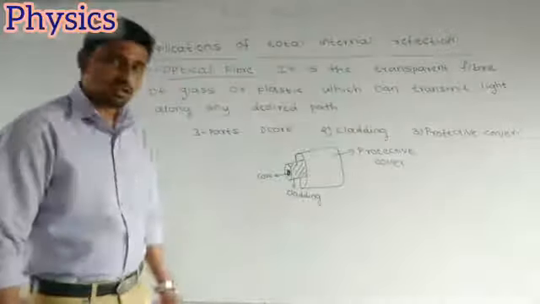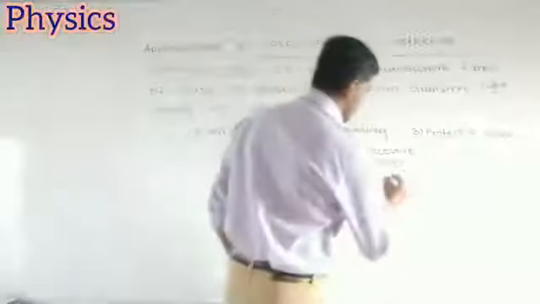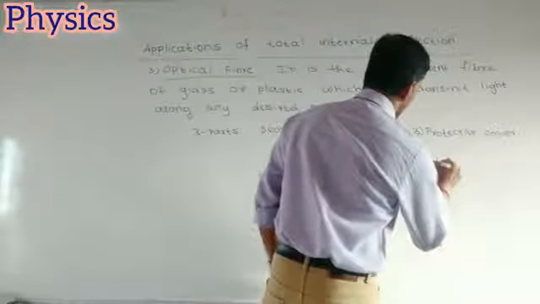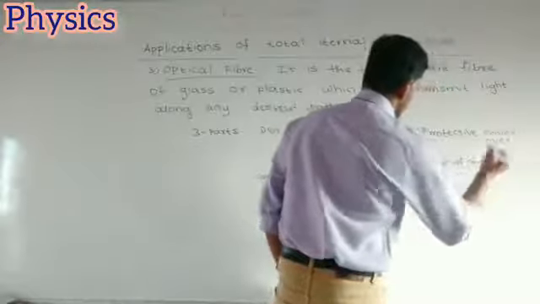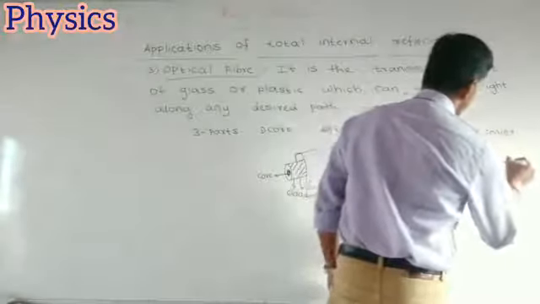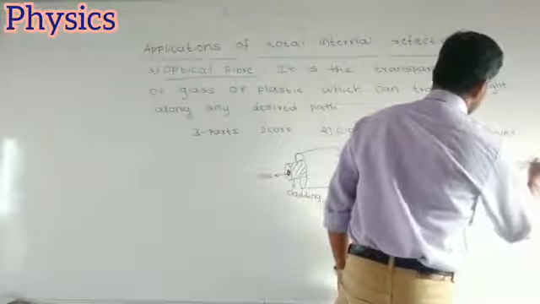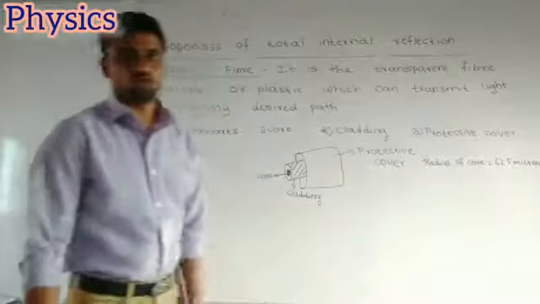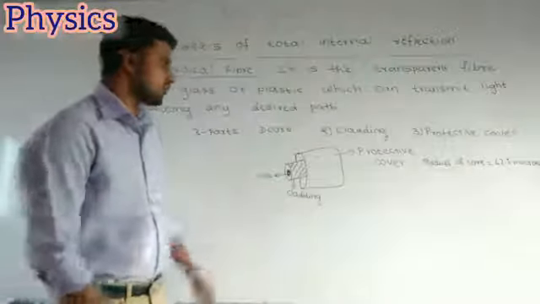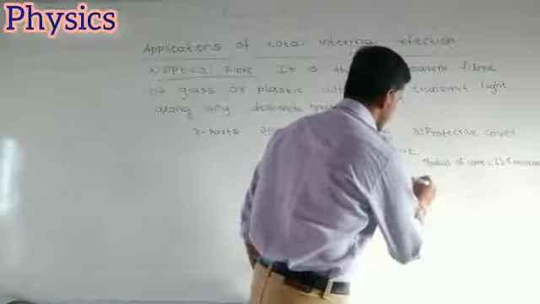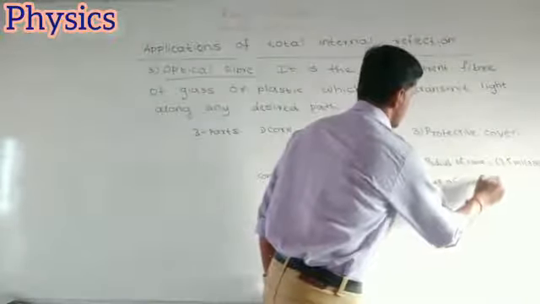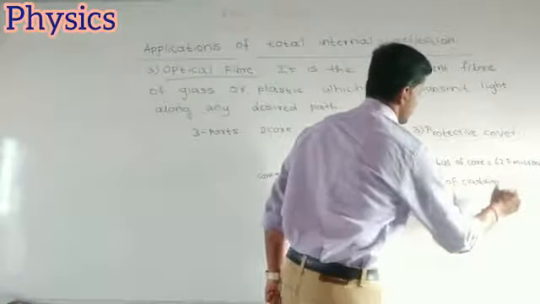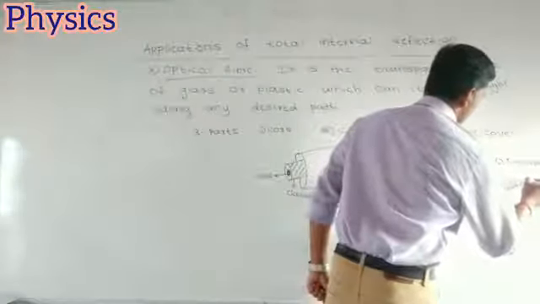And the radius of the core is 62.5 microns. This is the radius of the core. And the radius of the cladding is nearly 125 microns.